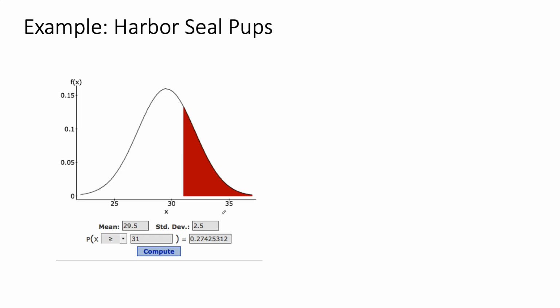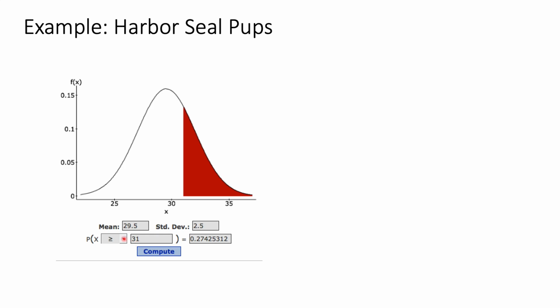There we go. And so we're going to do the same thing. So we're going to open StatCrunch, go to Stat, and then Calculators, and then click on Normal. I'm going to plug in the mean of 29.5, a standard deviation of 2.5, and I want the probability that x is greater than or equal to 31.